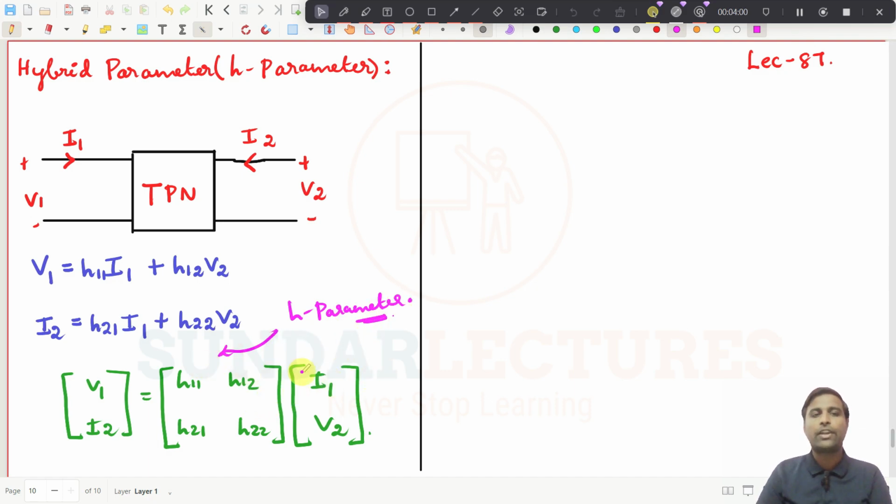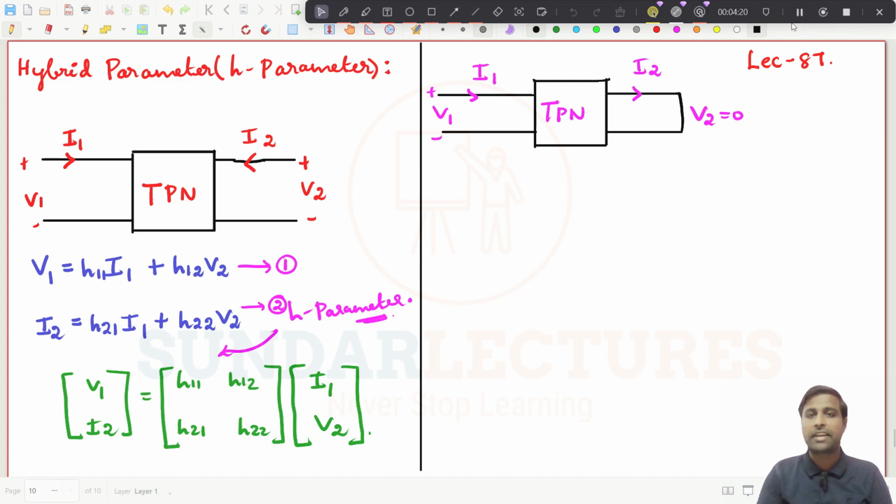So now how will you find the H parameters, right? For example, make this equation number 1 and this equation number 2. Now from 1, if you make V2 to be 0, how will you make V2 to be 0? If you short circuit the second port. Let me draw the diagram.